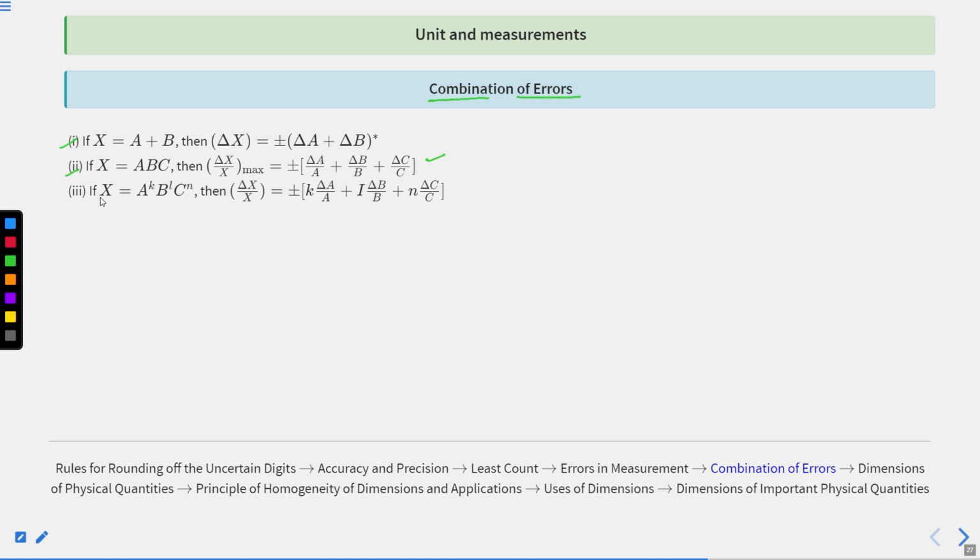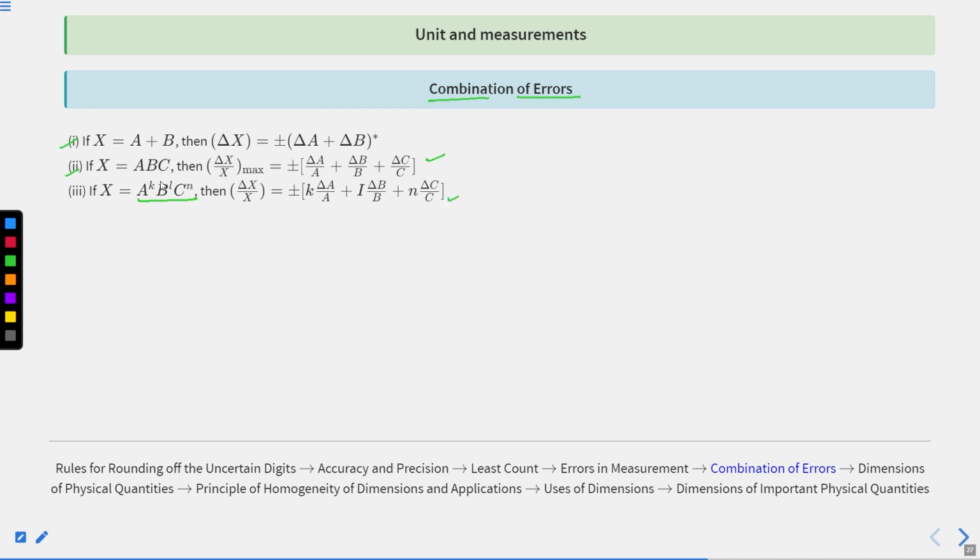And if x equals a to the power k, b to the power l, and c to the power n, then delta x by x equals k delta a by a plus l delta b by b plus n delta c by c.